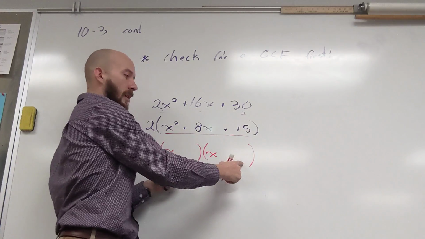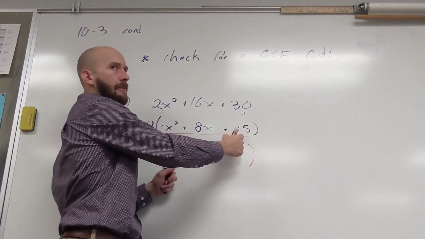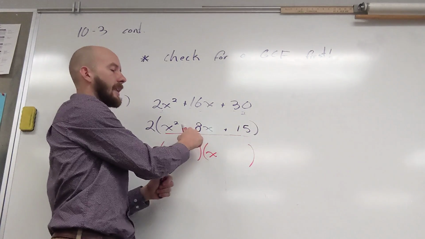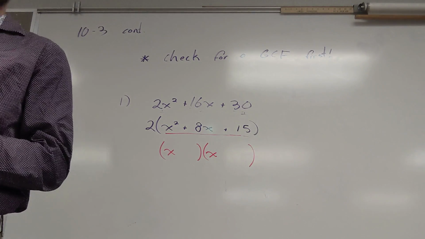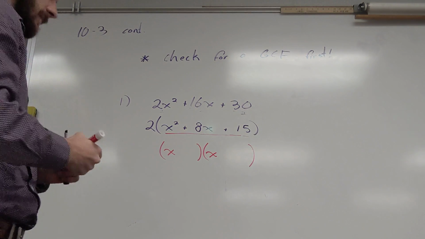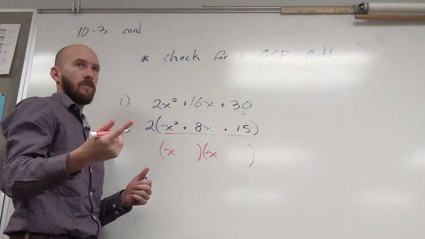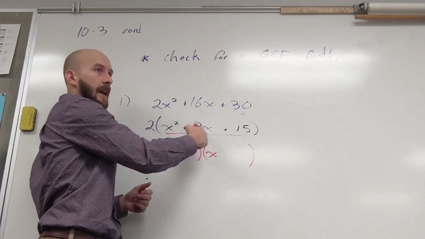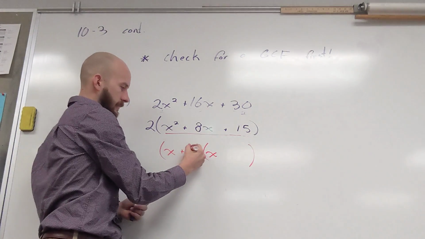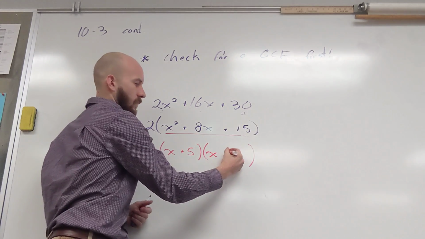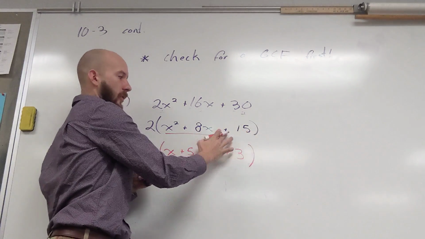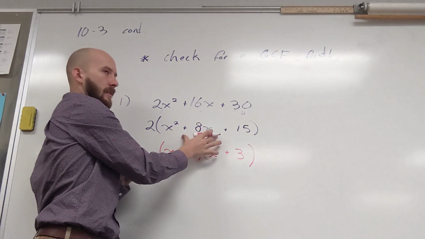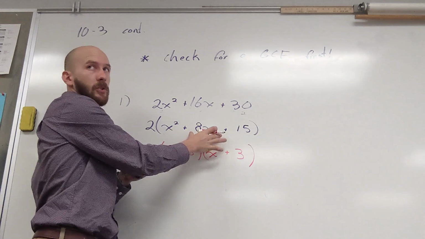Now I need my 2 numbers that go here to multiply to be positive 15 and add to be 8. So you need 2 positive numbers. 5 and 3 would multiply to be 15 and add together to be 8. These 2 sets of parentheses are going to be the factored form of this trinomial.